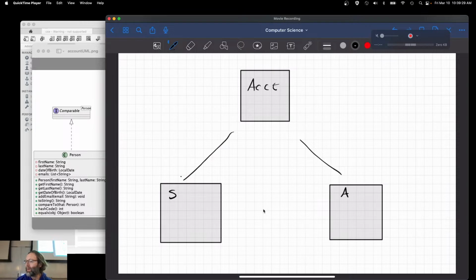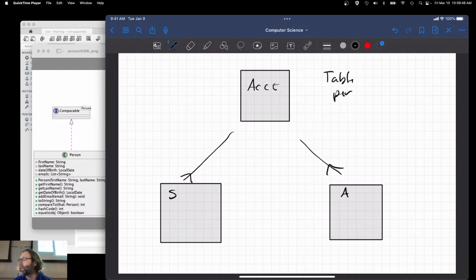And maybe there's some sort of a many-to-many relationship there. This is a perfectly fine strategy for resolving these two fundamentally different models, an object-oriented programming model and a relational database model. This is called a table per class strategy. I don't want to do that because it's a lot of tables.